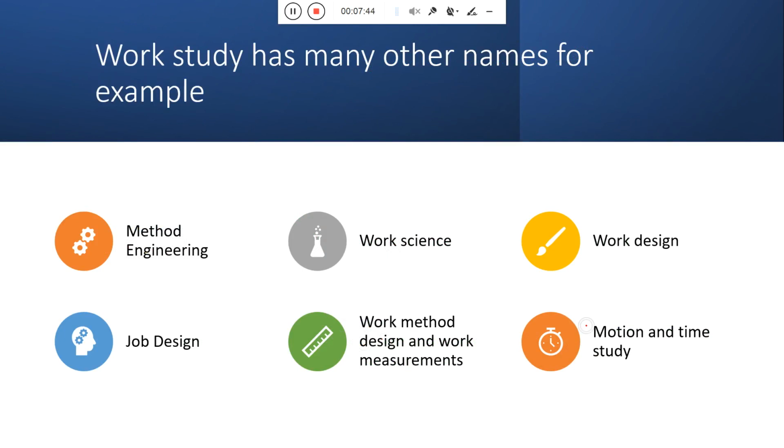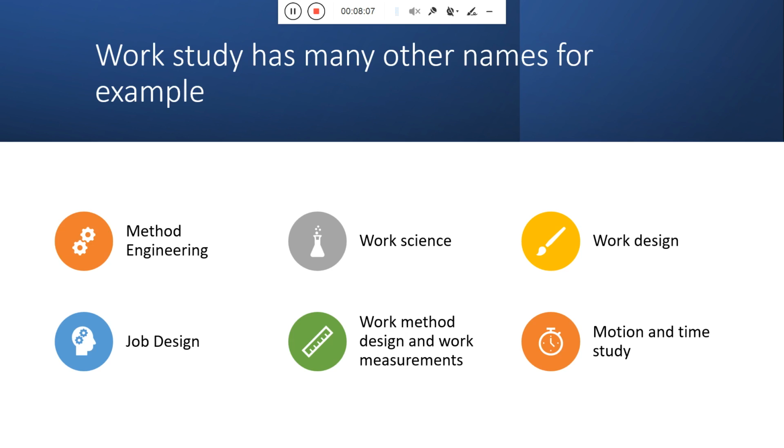Motion and time study is, I think, very famous, and many times this term is used synonymously. When you go through research articles, you will find some use work science, some use motion and time study, some use method engineering, like that. All of these are actually the same thing, which is nothing but work study.